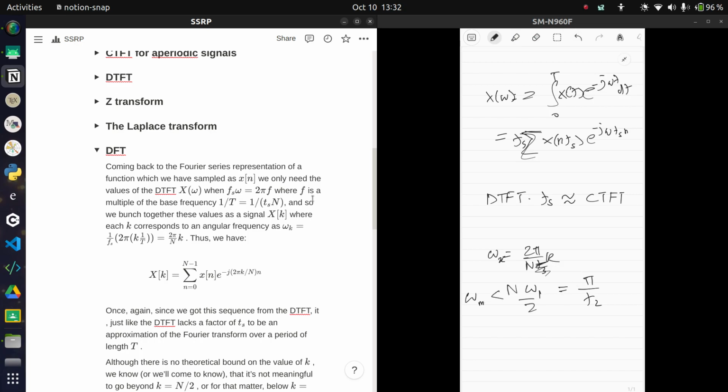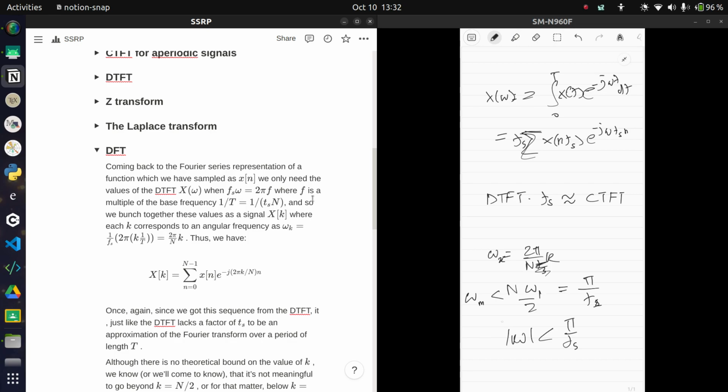So really, when you are evaluating your DFT from the DTFT by sampling, you only need to do it for some discrete angular frequencies, only in some interval, the interval being that, well, this should happen. This is what we require, this Ts, by the way. So if this happens, well, good, otherwise bad.